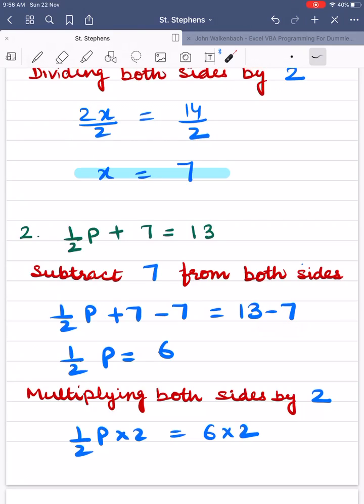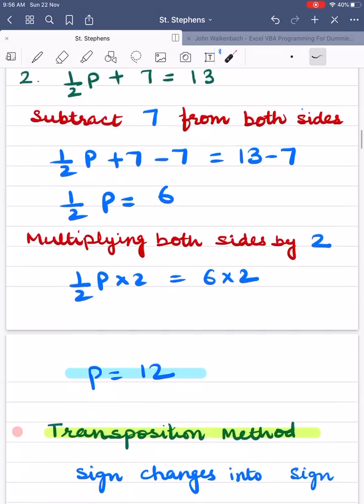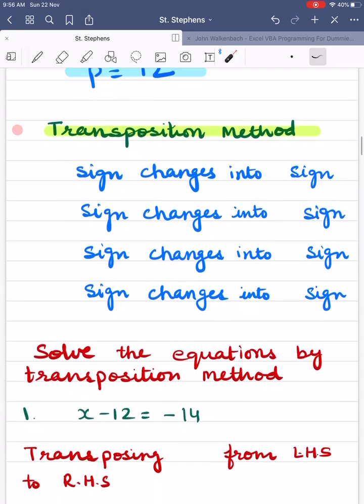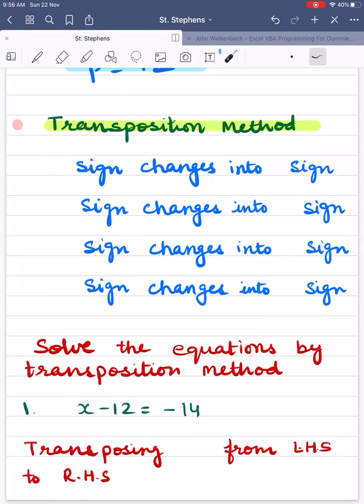And when we shifted this 2 in the denominator, it shifted to the numerator. So it gets multiplied. So we observe that plus sign changes into minus sign, minus sign changes into plus sign, multiplication sign changes into division sign, and division sign changes into multiplication sign.